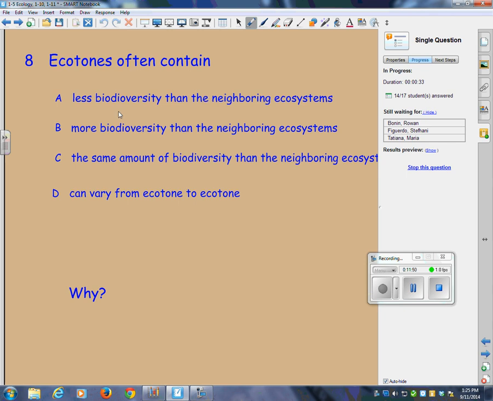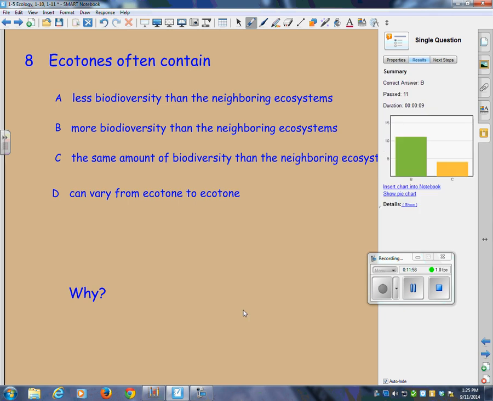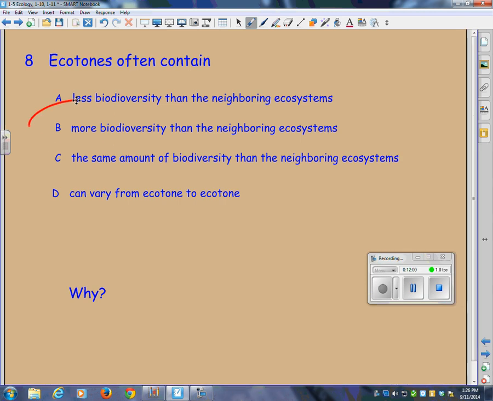Less biodiversity, more biodiversity? Same amount? Rowan, thank you. Correct answer? Yeah, you guys are doing good. More biodiversity. How come more, you think, Josh? Do you know why? Because it says it in the textbook. No, that's not the reason.